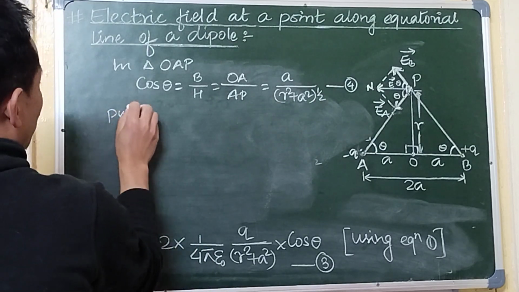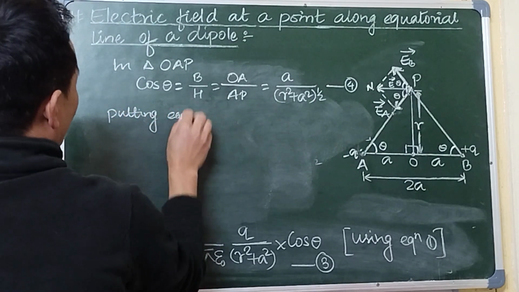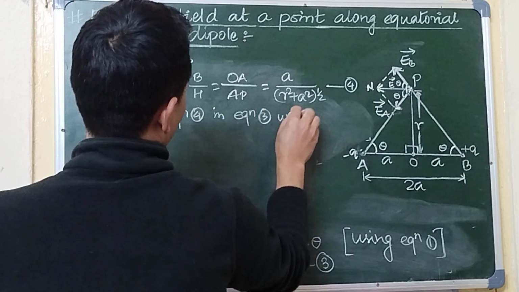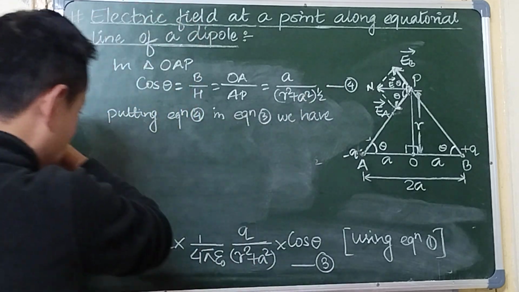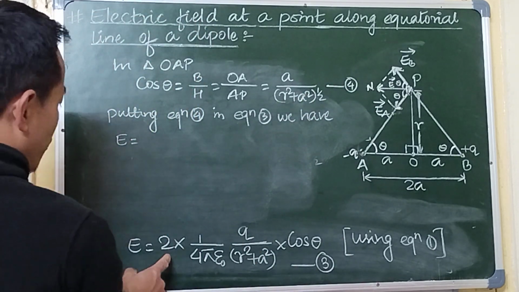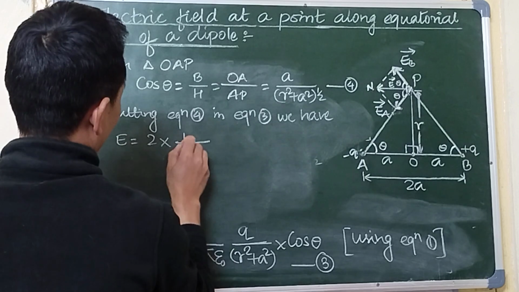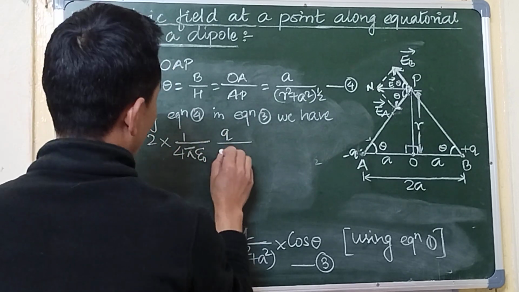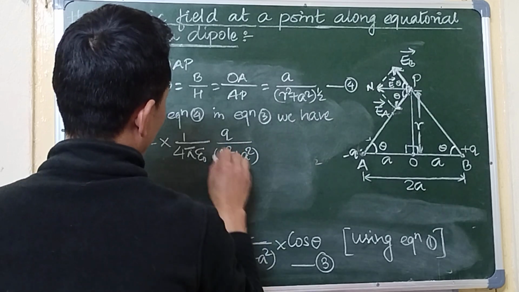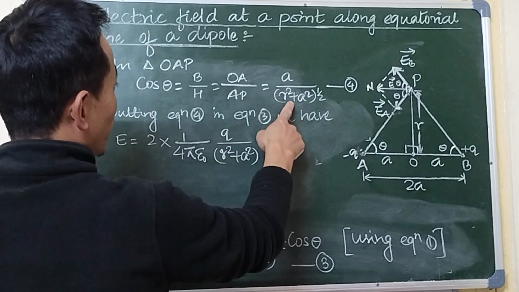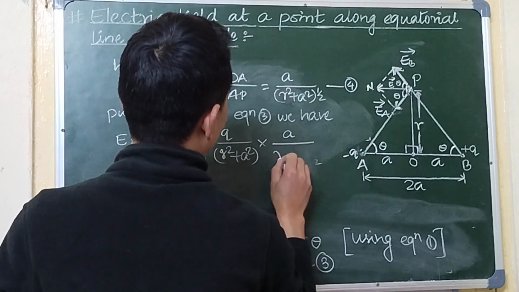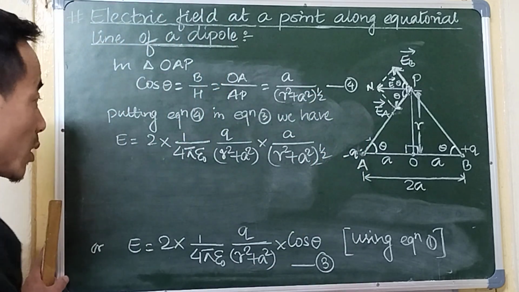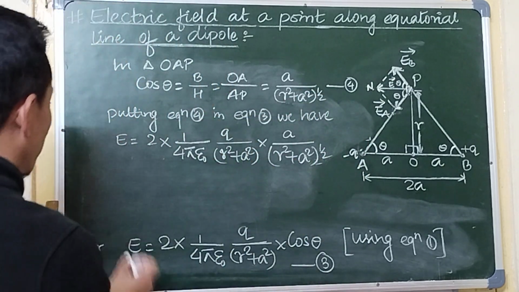Putting equation 4 in equation 3, we will get E is equal to twice into 1 by 4 pi epsilon naught, Q divided by R square plus A square, and then instead of cos theta, we replace the value as A divided by R square plus A square to the power half. So we have just replaced the value of cos theta here.